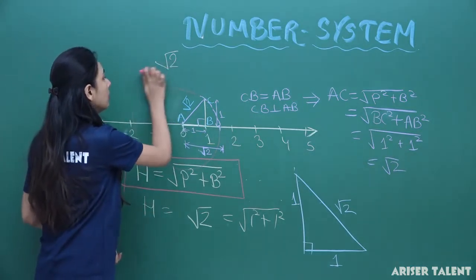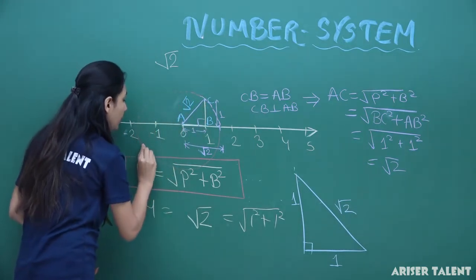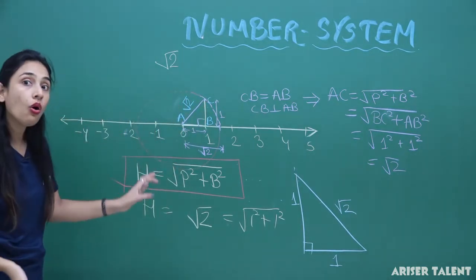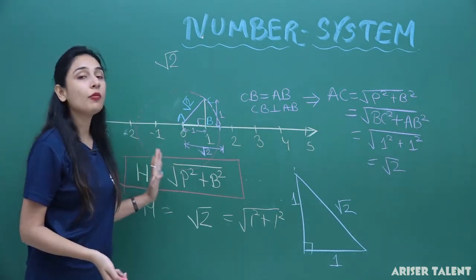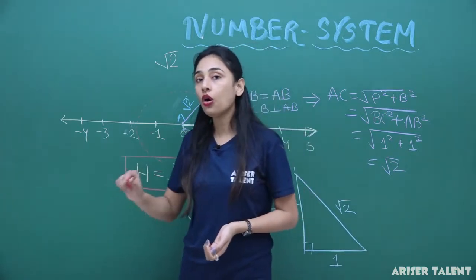So by this method you will get to point out the value of root 2 on the number line. This is about root 2. So this is the method of how you represent root 2 on the number line.